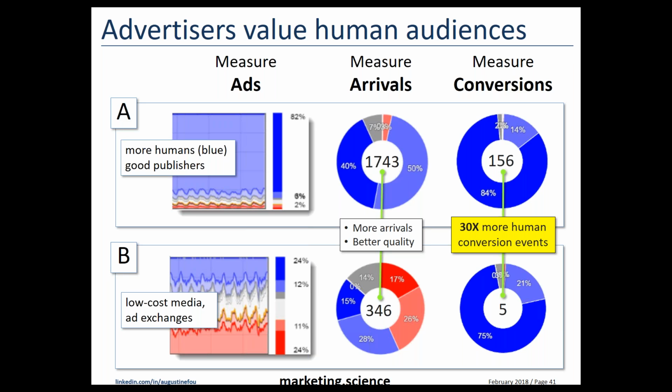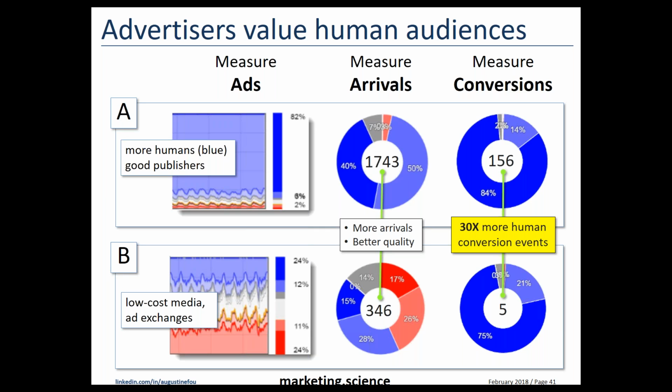If you start with lower cost media and lower quality media, you're going to get fewer arrivals, and that's the middle of the bottom. And then of those arrivals, you're going to get a far smaller number of people who actually convert.